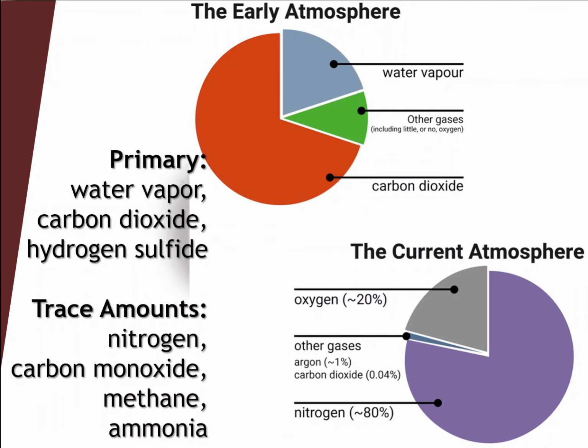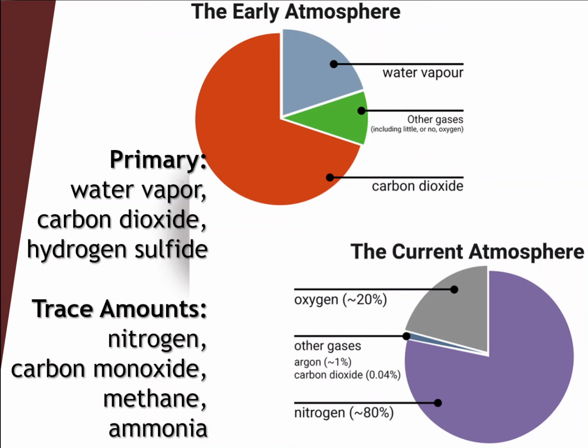Then, about 4 billion years ago, so about half a billion years later, the composition of the atmosphere changed once again. The planet was still in the process of cooling. Volcanic activity at the planet's surface expelled a variety of gases into the atmosphere, primarily water vapor, carbon dioxide, and hydrogen sulfide.